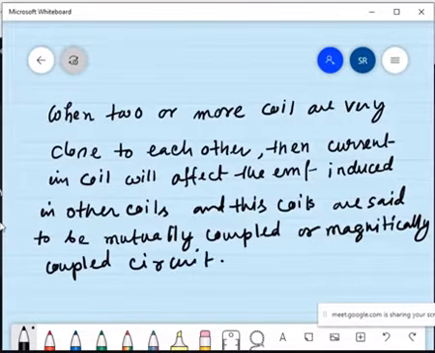So what I have written: when two or more coils are very close to each other, then current in one coil will affect the EMF induced in the other coil. And these coils are said to be mutually coupled or magnetically coupled.